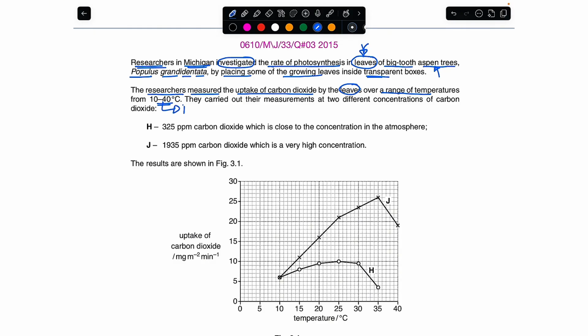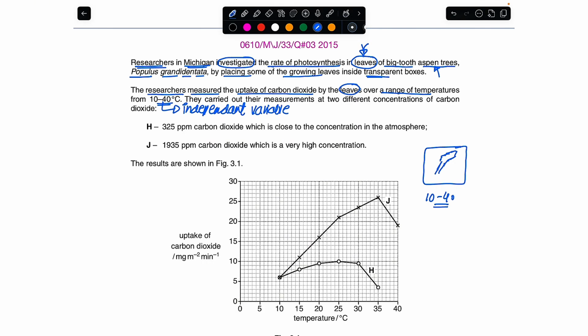So the temperature is what they are changing in this investigation. This would be acting as a variable, and we would say that this is the independent variable. On these transparent boxes containing the leaves of the big tooth aspen trees, we are changing the temperature from 10 to 40 degrees centigrade.